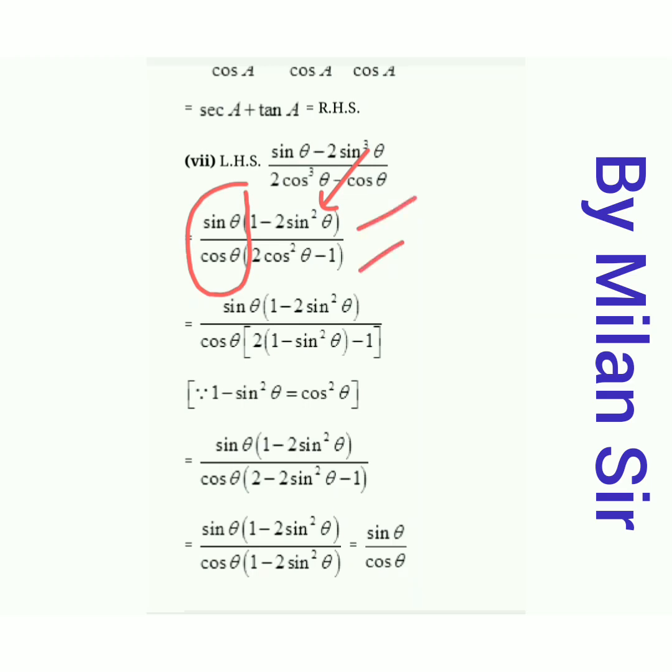So first of all we need to convert our numerator and denominator into the same trigonometric ratio, that means either sin theta or cos theta. Okay, so you can put either the value of sin square theta, or you can also put the value of cos square theta. Here I am going with conversion of cos square theta into sin square theta.